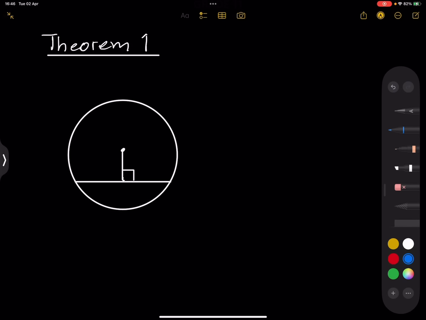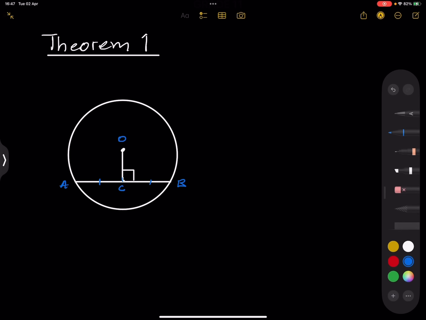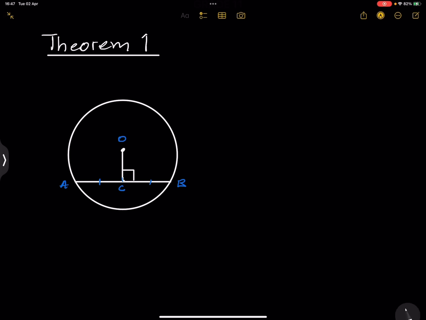So let's suppose that we've got center O, and we've got chord AB. Let's say the line reaches the chord, in this case at C. If that line from the center is perpendicular to the chord, remember perpendicular means it forms 90 degrees, then we say that it bisects the chord.